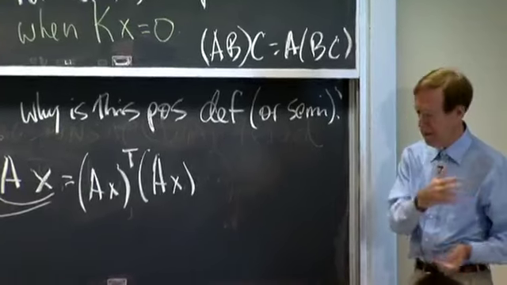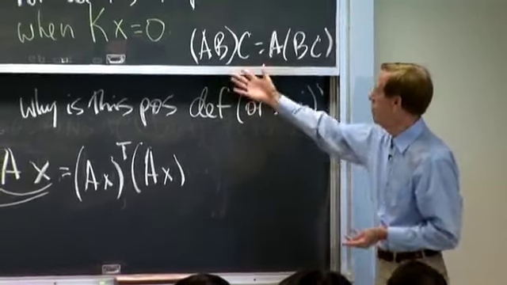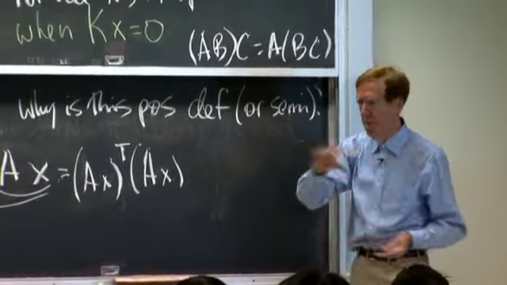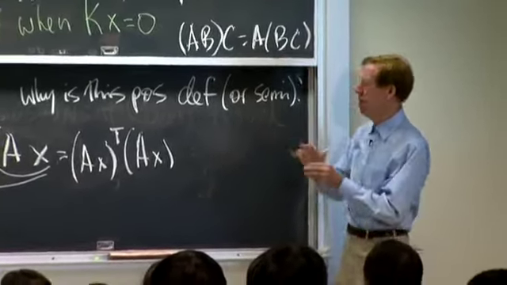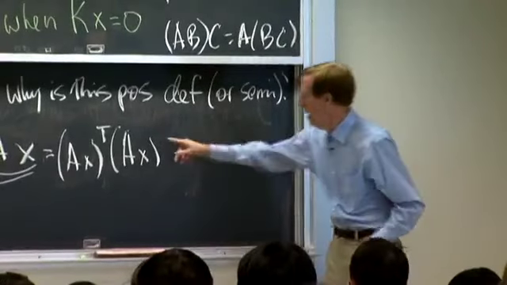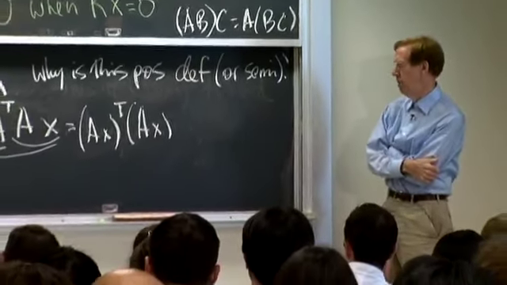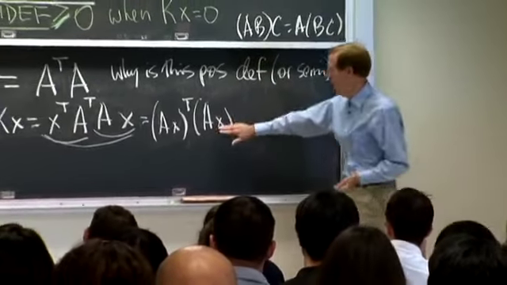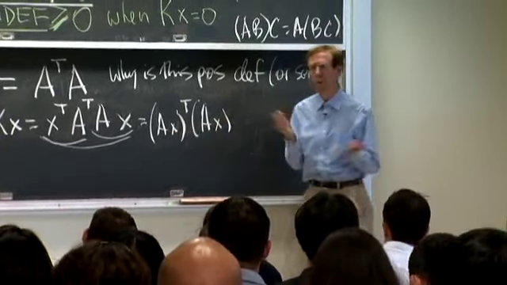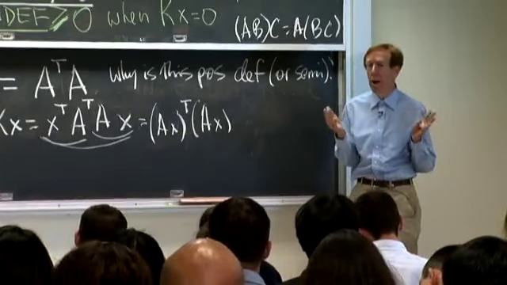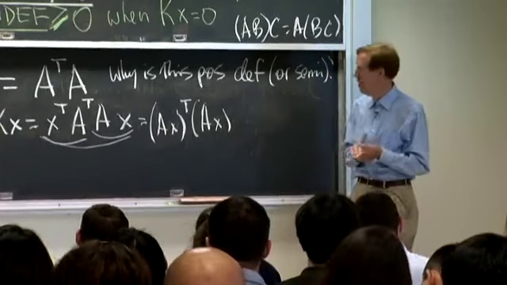You just multiply it out, and you see that parentheses are not needed, because if you keep them in the right order, you can do this first or this first. Same answer. Okay, what do I learn from that? This is some vector, I don't know especially what it is, times its transpose. So that's the length squared. What's the key fact about that?